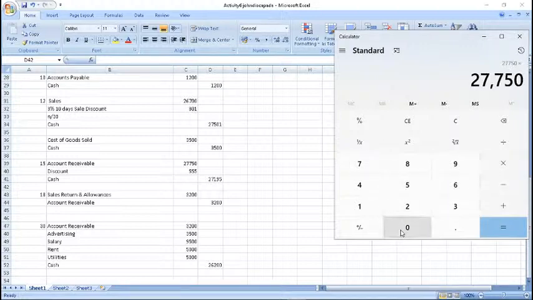Isa-send ko na yung sa GC natin. Wait lang guys, kasi loading.